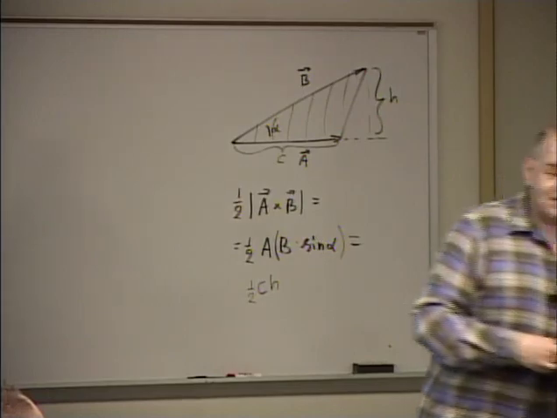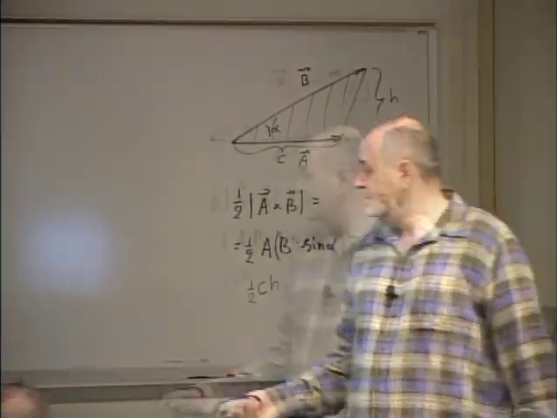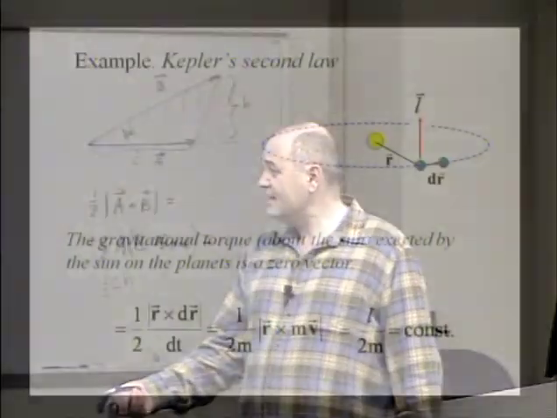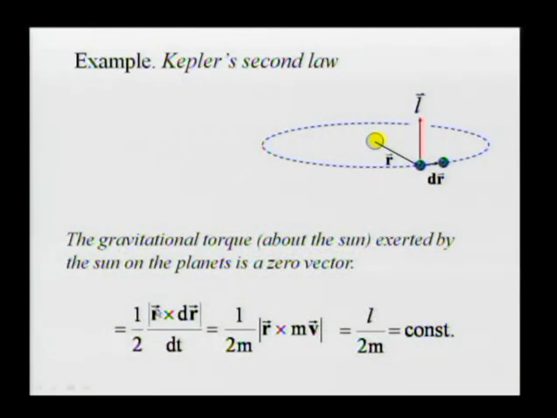Now you can recognize why I wanted to have this 2 over here, because now I have 1/2 of such a vector product, and I also wanted the mass over here so that I can get rid of this mass. And now I have just 1/2 of the area of the triangle.